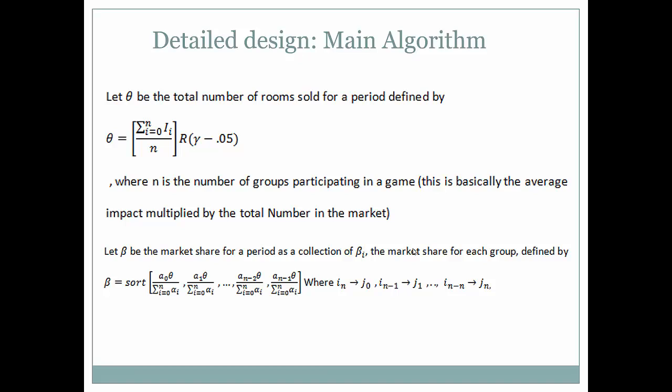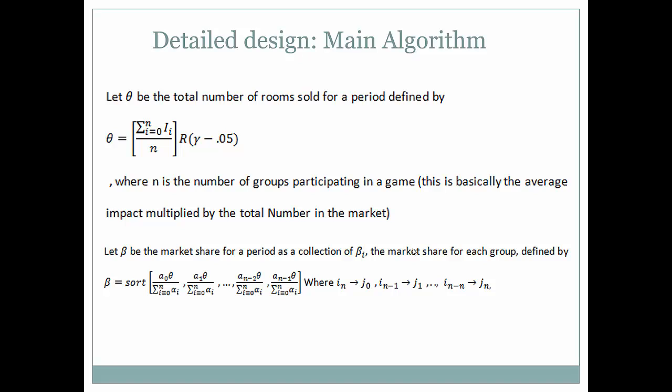We also let beta be the market share for a period as a collection of beta sub I, the market share for each group defined by the sorting of alpha times theta, which is the average rate for a group multiplied by the total number of rooms actually sold divided by the summation of all the average rates for all the groups.